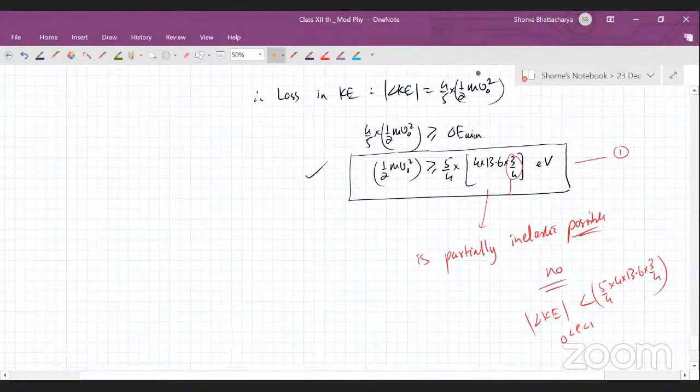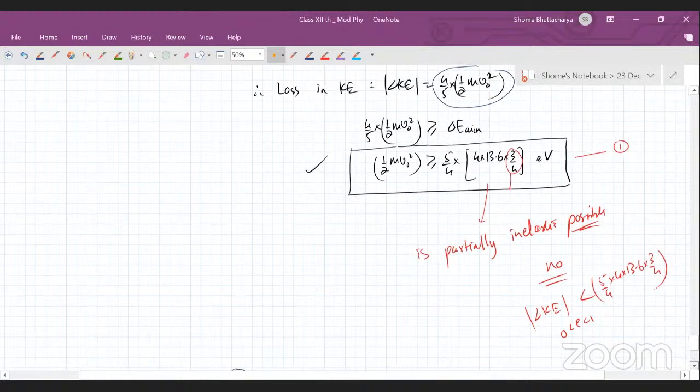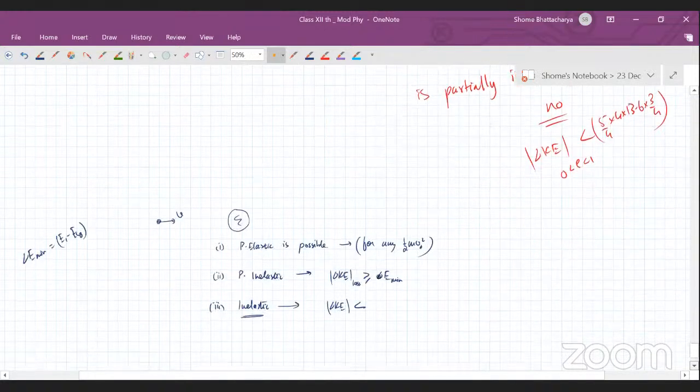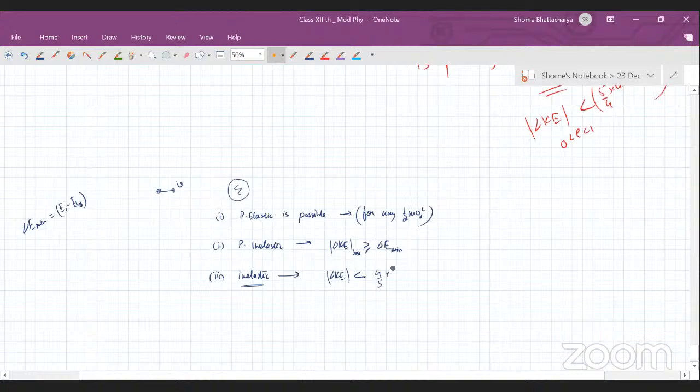This value will be less than this one. So the loss in kinetic energy will be less than 4 by 5 into half mv naught square, and this loss has to be still greater than or equal to E1 minus E0.